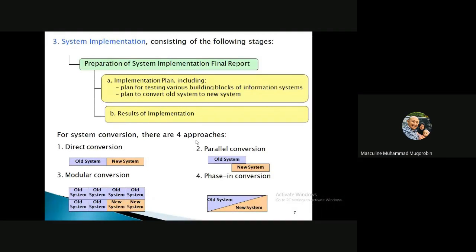Gradual or phased conversion attempts to combine the best features of the two previously mentioned plans without incurring all the risk. In this plan, the volume of transactions handled by the new system is gradually increased as the system is phased in.